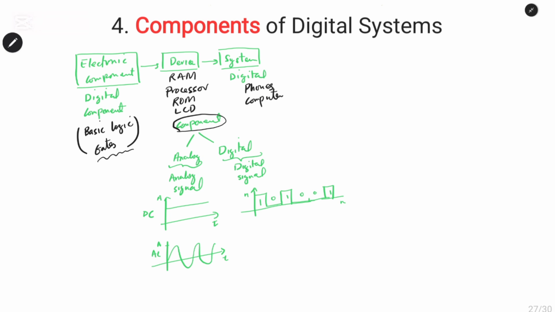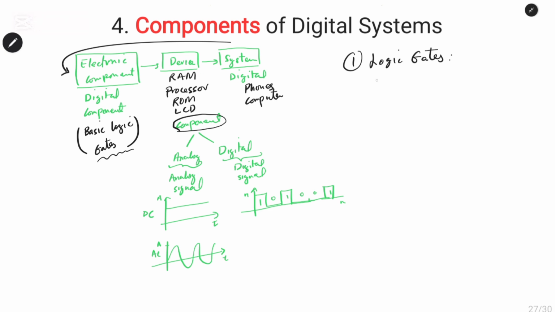So if you go back to the beginning, that means those systems are derived from the electronic component, and those components are nothing but the logic gate. Now it introduces us to the first component of a digital system that we will be discussing, which is nothing but the logic gates.